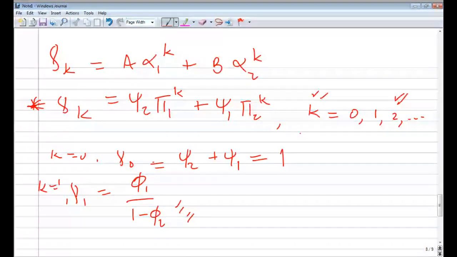So you are supposed to get 1. But in our exercise here, we didn't get 1 just because it was complex and it's not a real number. But if you are dealing with a real number, you are supposed to get rho 0 equal to 1 and rho 1 equal to phi 1 over 1 minus phi 2.